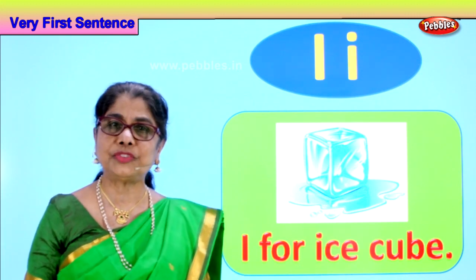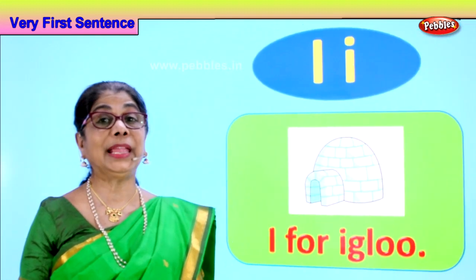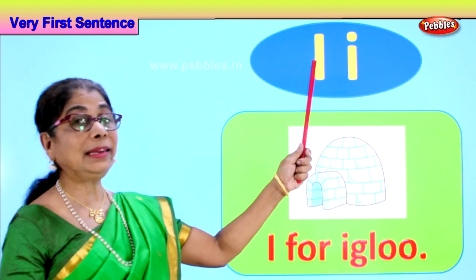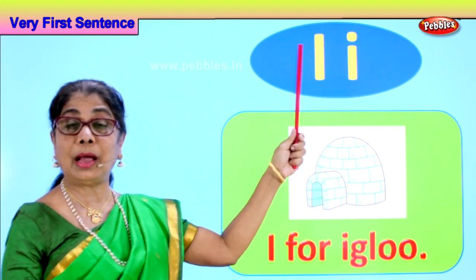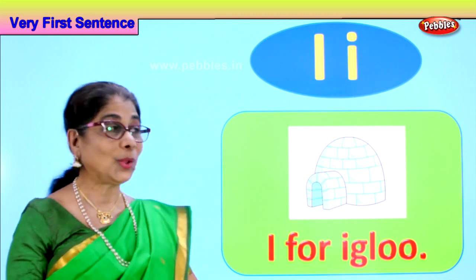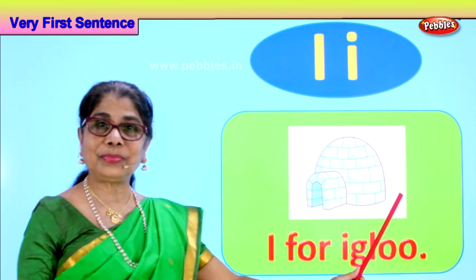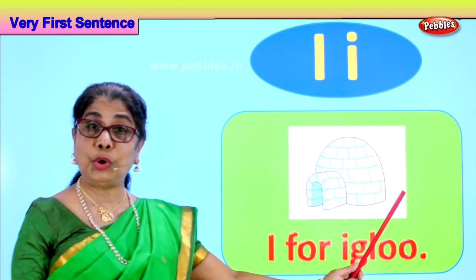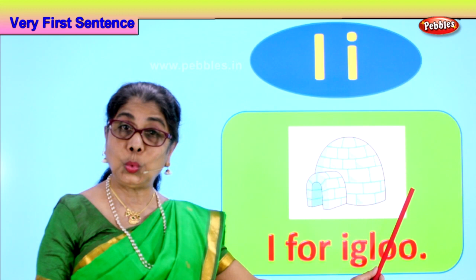Let's take another picture. A word that begins with I. Yes? Good. Letter big and small I. Sound is E. Inky the mouse. What picture is this? This is a home of an Eskimo. Igloo.